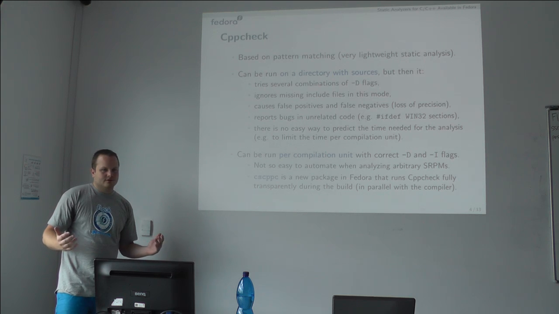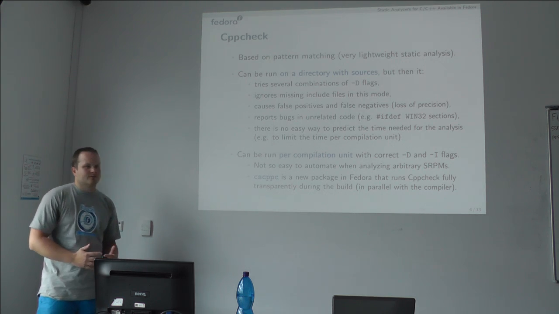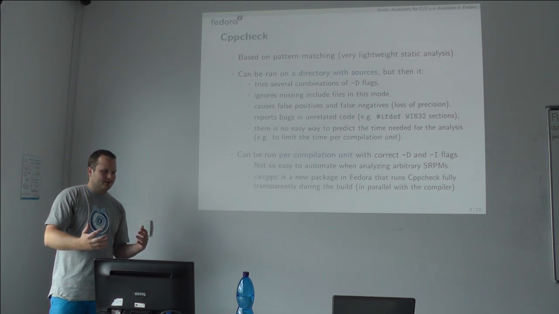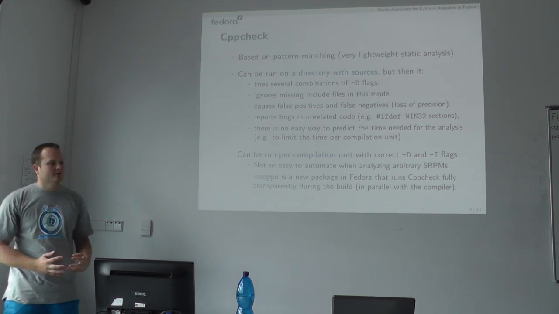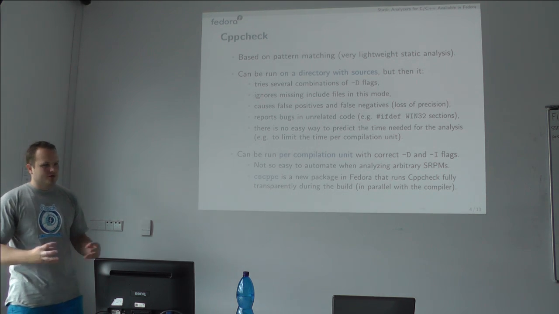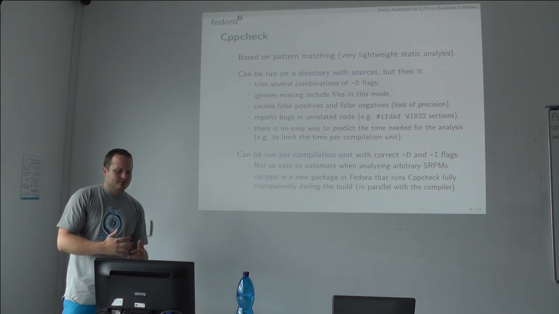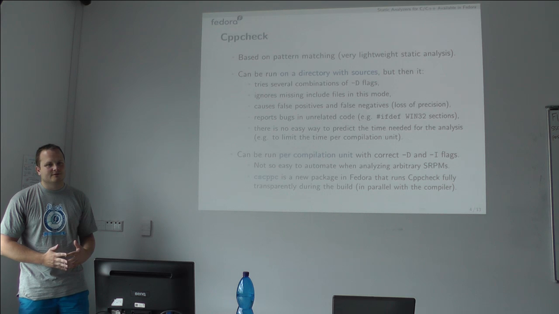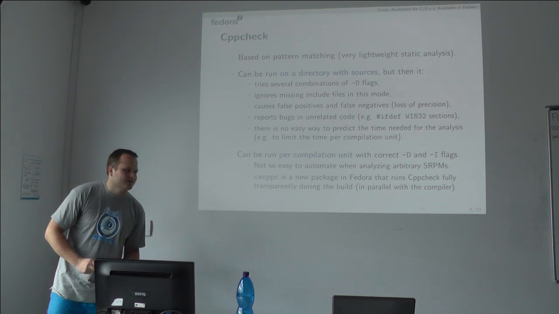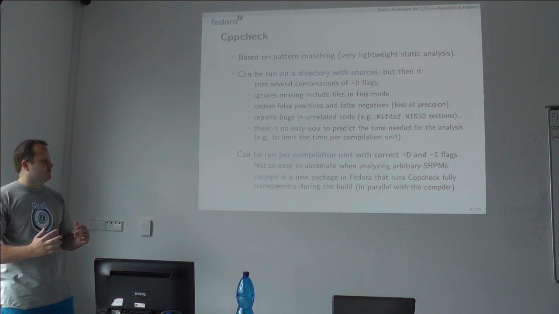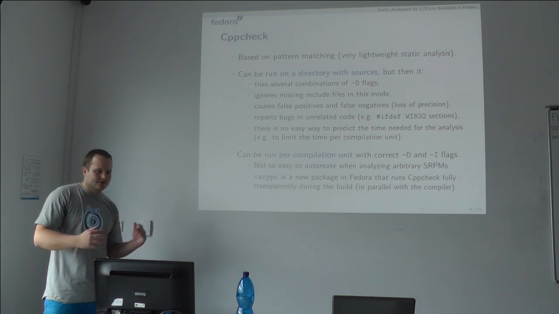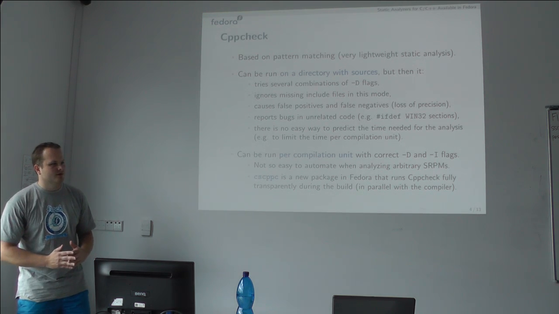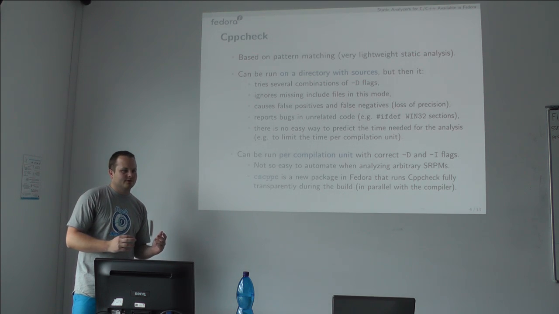For the second mode, as I said, it is much more precise because we tell Cppcheck how to actually compile the code, but doing it generally for RPM packages is not so trivial. Therefore, we wrote a new package exactly for this, which allows hooking Cppcheck onto the compiler fully transparently.